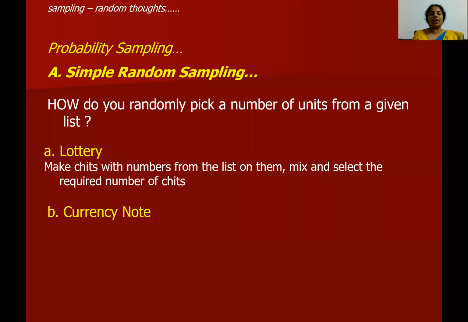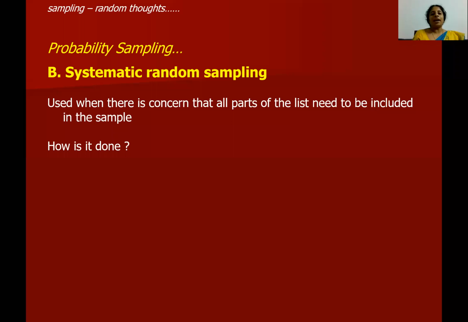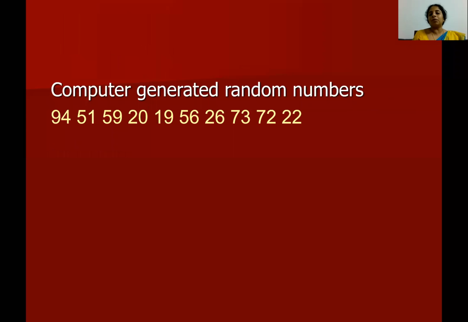Then I can use a currency note method, but all these are obsolete methods. Now what we do is I ask the computer to generate me 10 random numbers between 1 and 100, including 1 and 100.